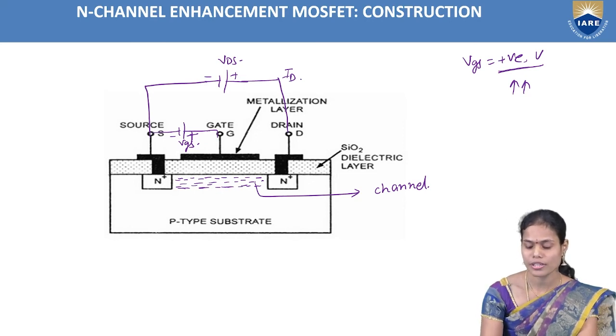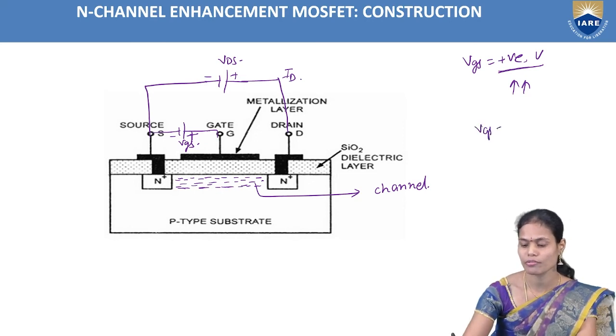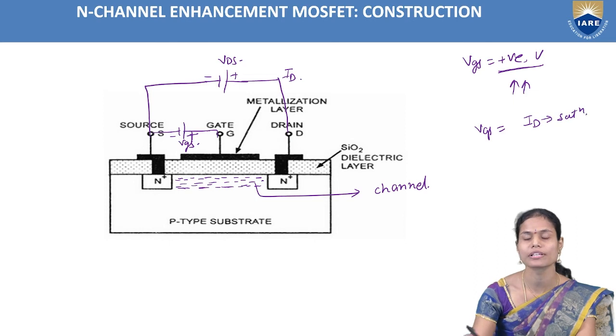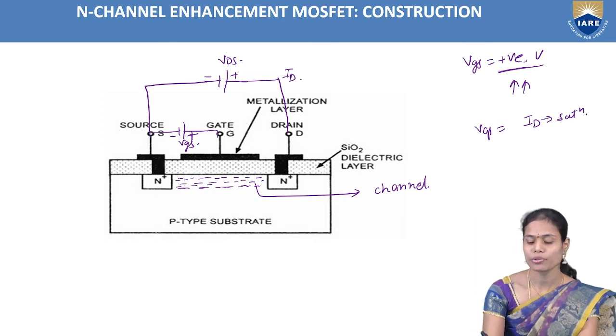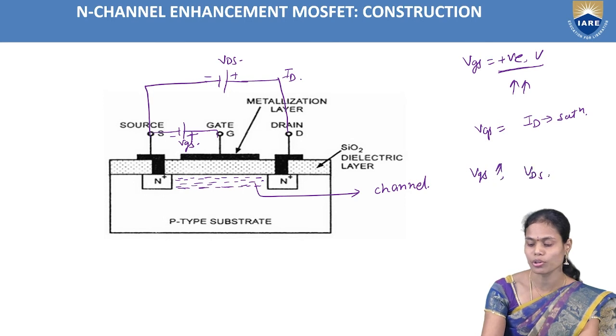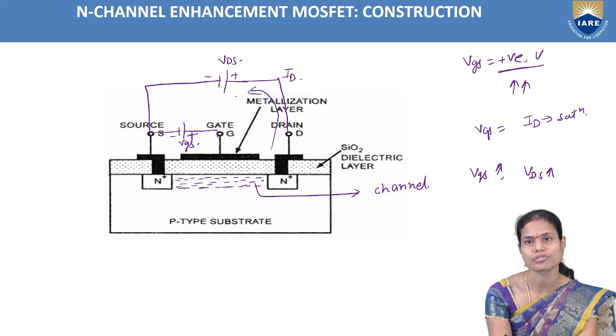So here in this case, if we are providing VGS, we will get the ID current, in the saturation region we will get that current. Okay, along with the VGS voltage, if you increase the VDS voltage, what will happen is the charge carriers, the electrons, are moving towards this terminal also.